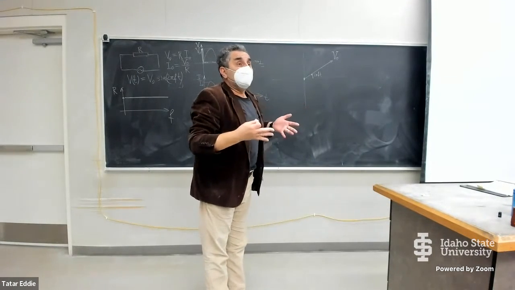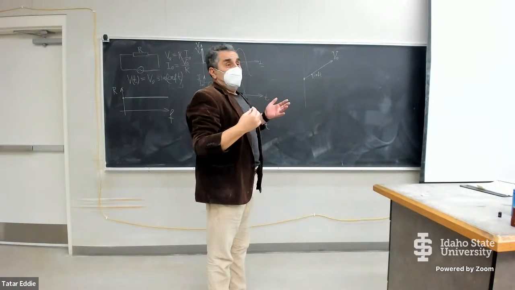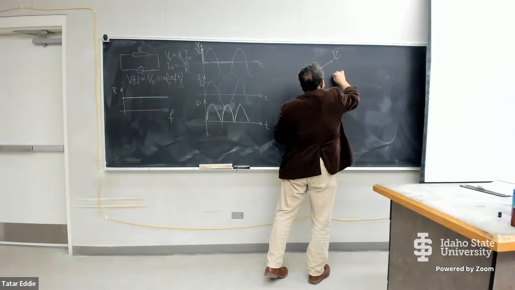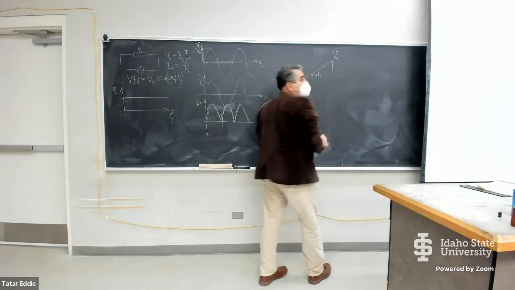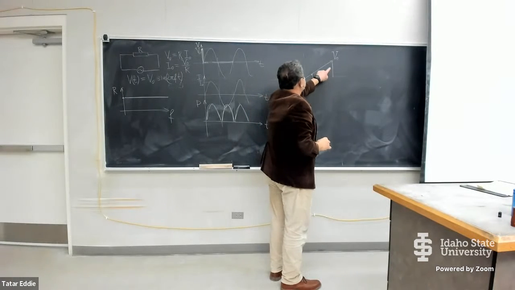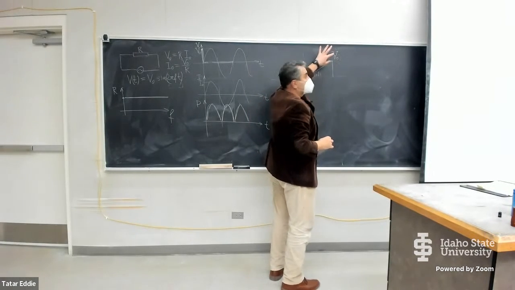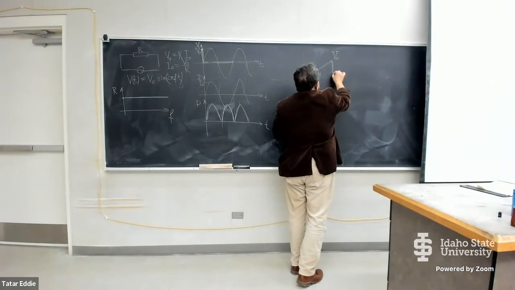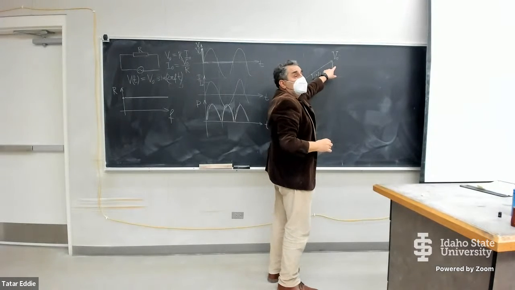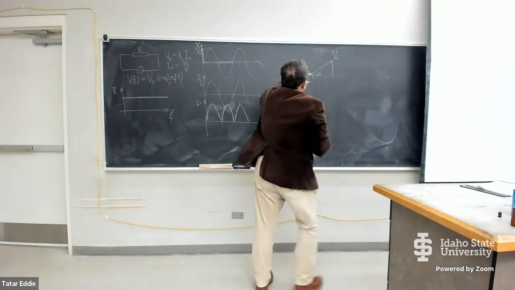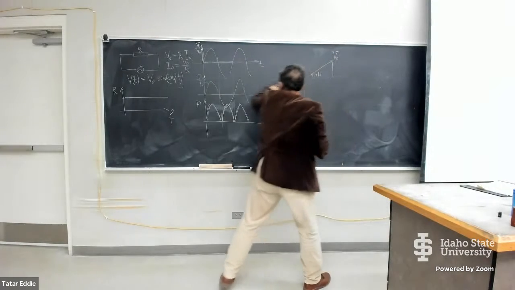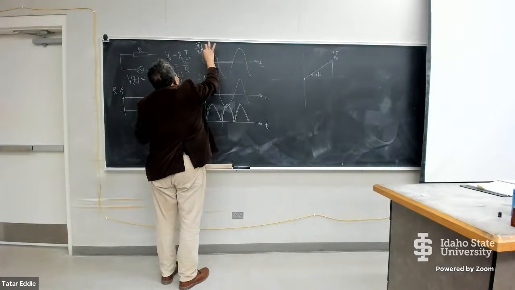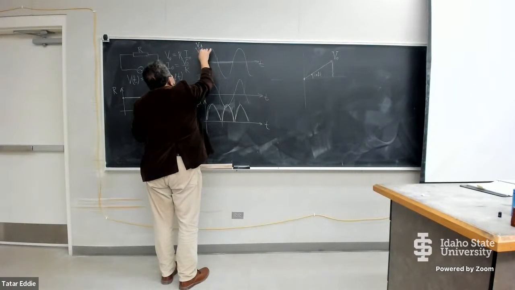The instantaneous value of the voltage at moment of time t is going to be given with this length, because this is exactly V naught times sine, which is exactly this length. So this is the value of the voltage at moment of time t, this length.